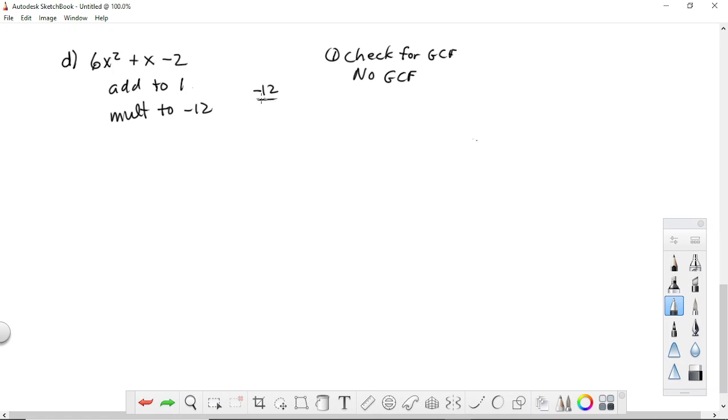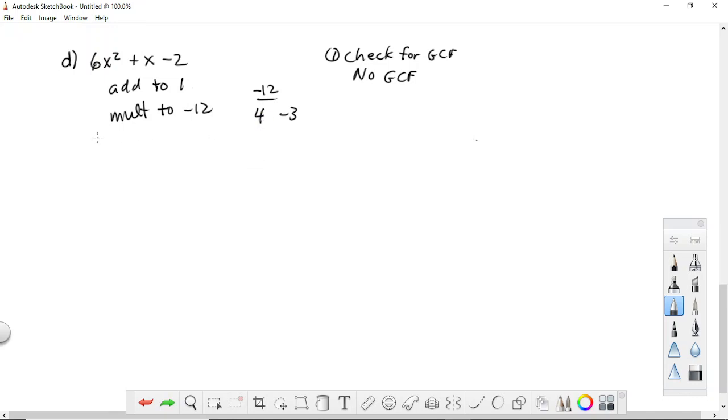So it's going to be the positive one of these two numbers that's the larger magnitude. So we see, okay, yeah, 4 and negative 3, right? That will multiply to make negative 12. It will add to make positive 1, because 4 minus 3, or 4 plus negative 3, if you want to think of it that way, is positive 1. So we've got our numbers.